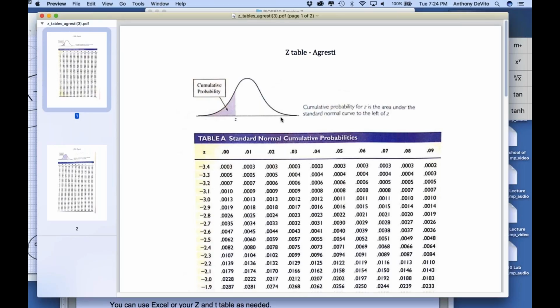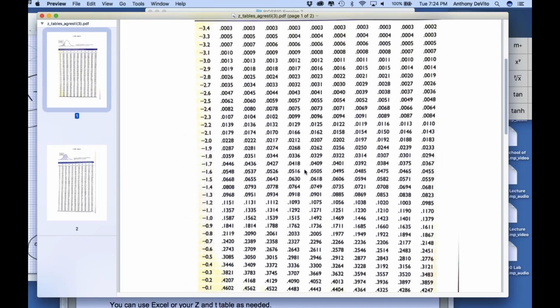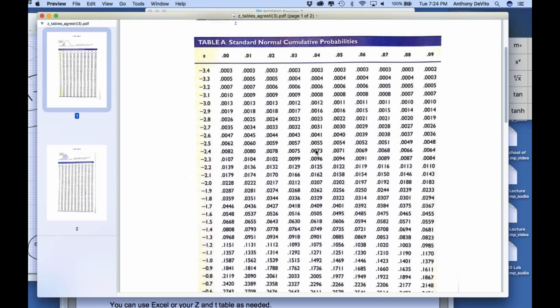Left side 5%, right side 5% would leave 90% in the middle, right? So I'm looking for an area which represents 5%. Okay, 5% looks like it's around here, 1.6. It's really between these two numbers. I'm going to call it 1.64.